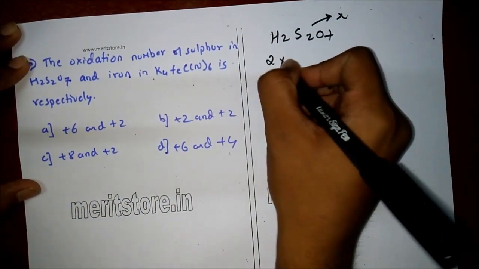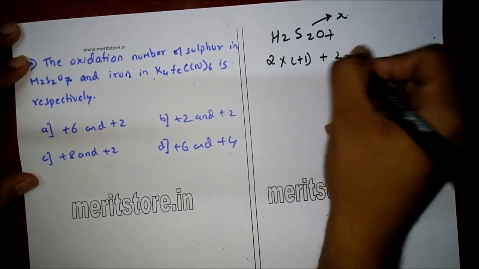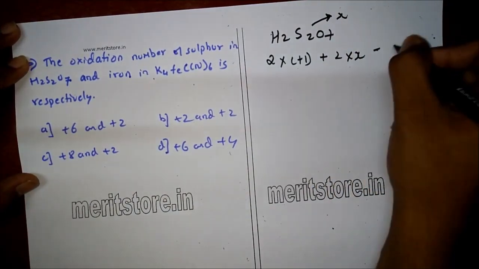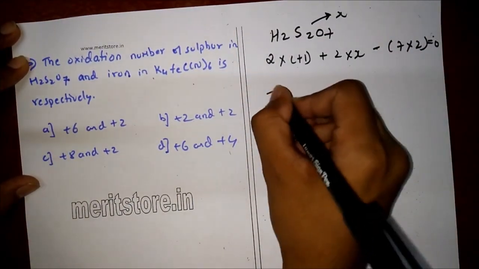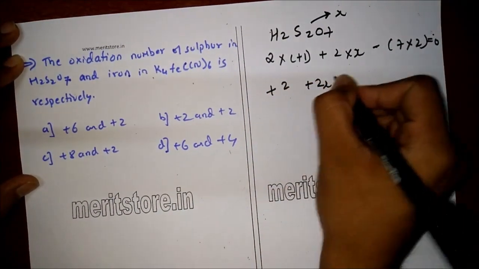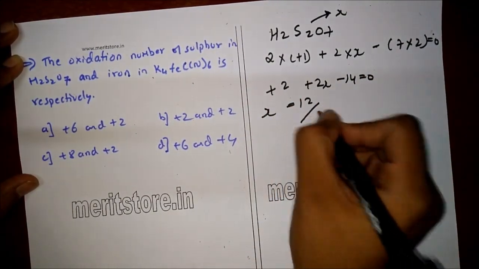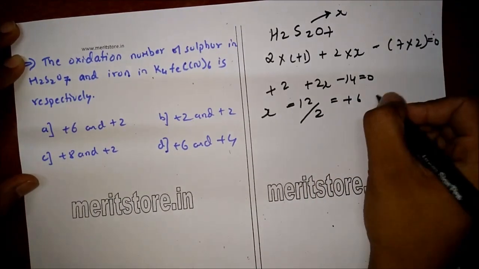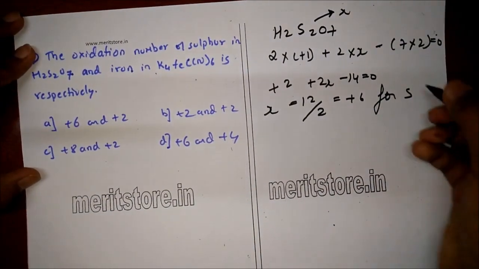Therefore, 2 into plus 1, which is the oxidation state of hydrogen, plus 2 into x minus 7 into 2, is equal to 0. Therefore, plus 2 plus 2x minus 14 is equal to 0. Therefore, x is equal to 12 by 2, which is equal to plus 6 for sulfur. Therefore, sulfur has an oxidation state of plus 6.